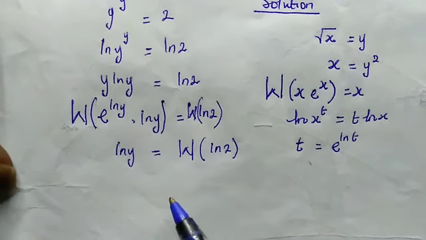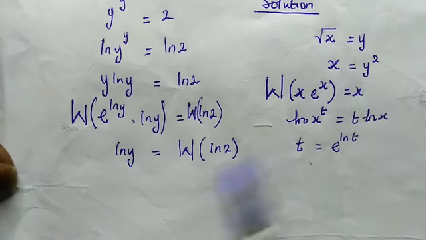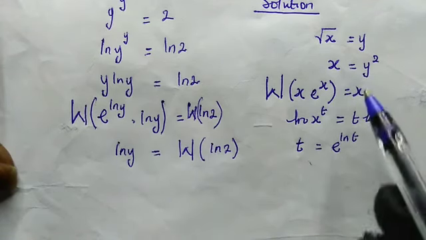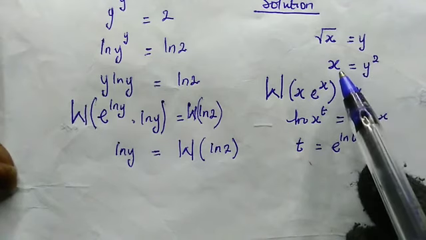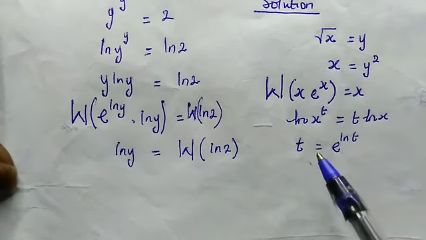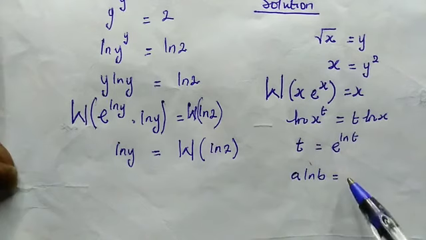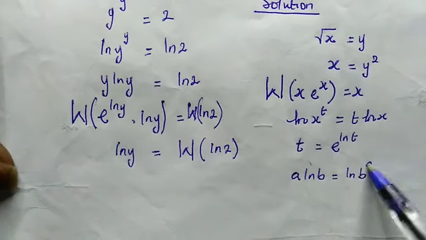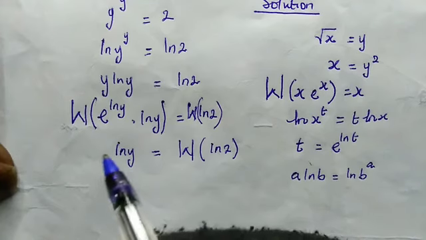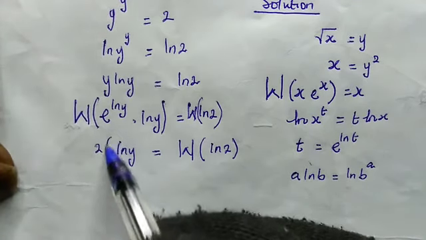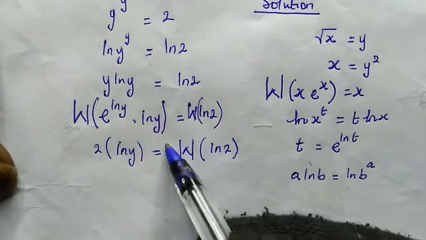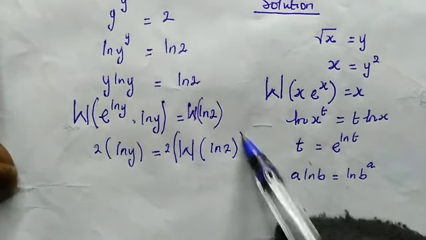Now, we are going to solve for y squared, but from here we can actually manipulate this equation to obtain y squared, which is exactly equal to x. For the fact we know that a times the natural log of b is the same as the natural log of b to the power of a. What if I multiply both sides of this equation by 2?